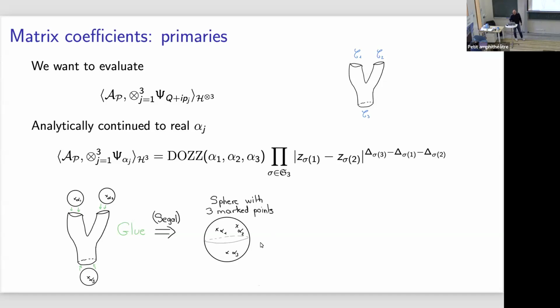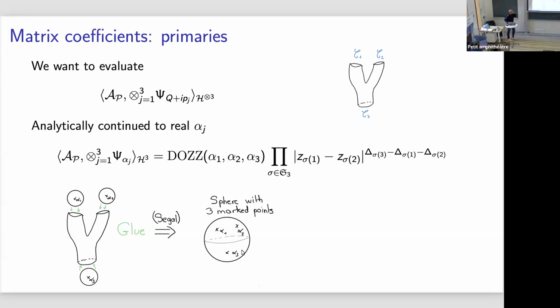By Segal, this gives you a sphere with 3 marked points, and so this is the DOZZ formula up to a completely explicit expression for the variable. Then you have differential operators that are rather nice. You apply them to these on the right here, and you realize that you get your W's. This is how you compute the W's.